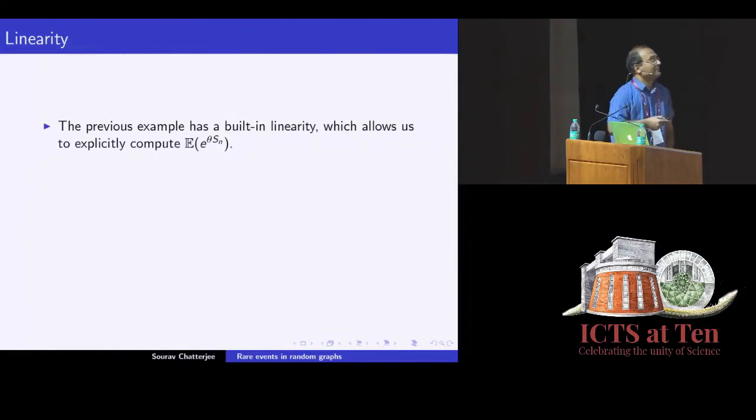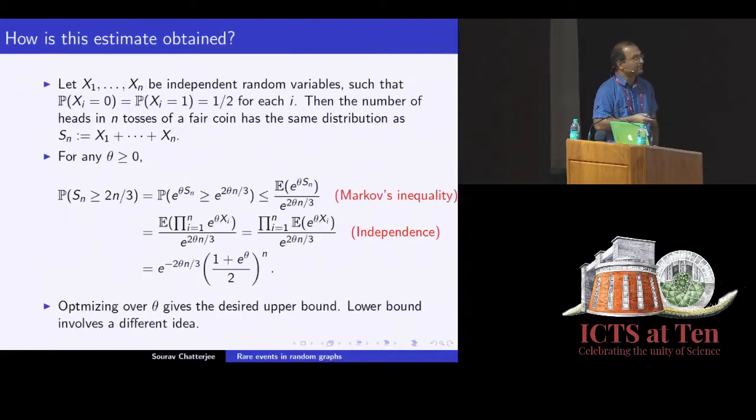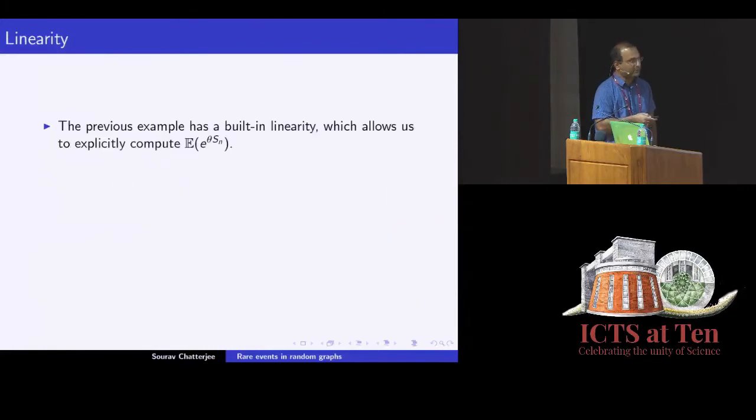Now, the problem is that this example has this linearity which allows you to compute this expectation. So this is the main step somehow, this computation of this expectation, that you can bring the expectation inside the product. So this is what allows you to do this whole calculation, that there's this linearity.